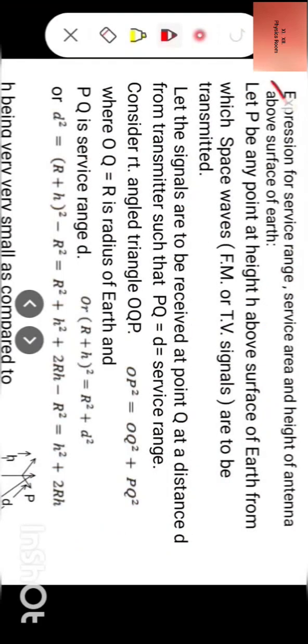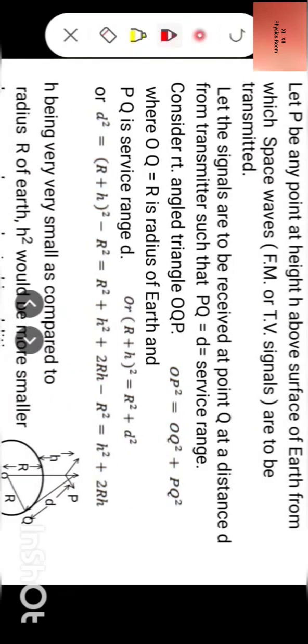Now expression for service range, service area and height of antenna above surface of earth. Let us derive these expressions. Now look at this diagram.